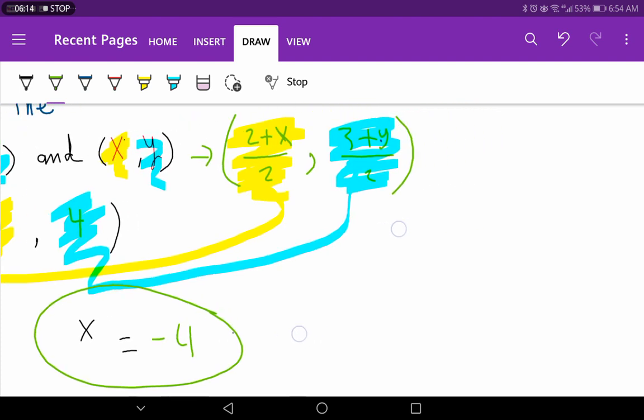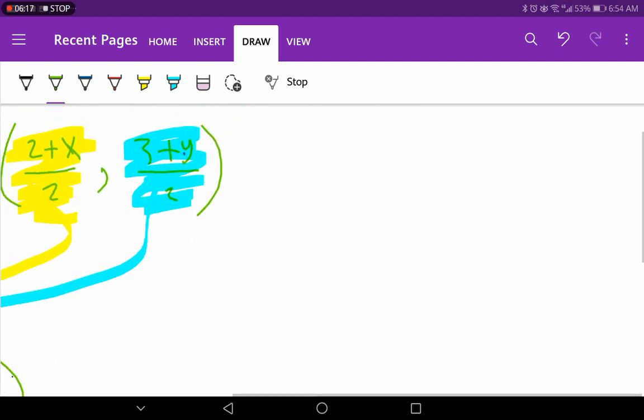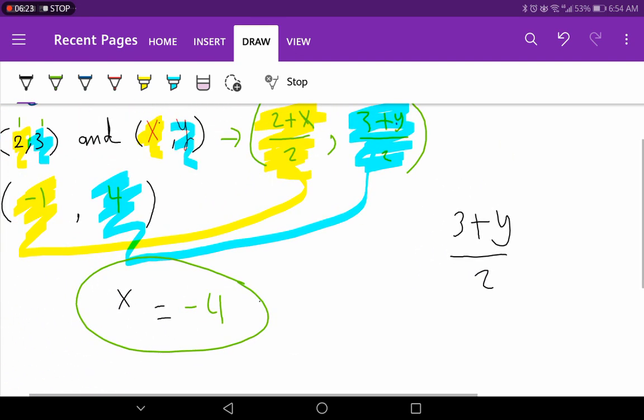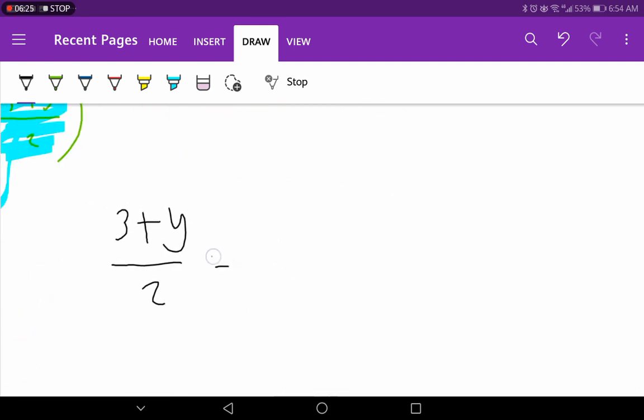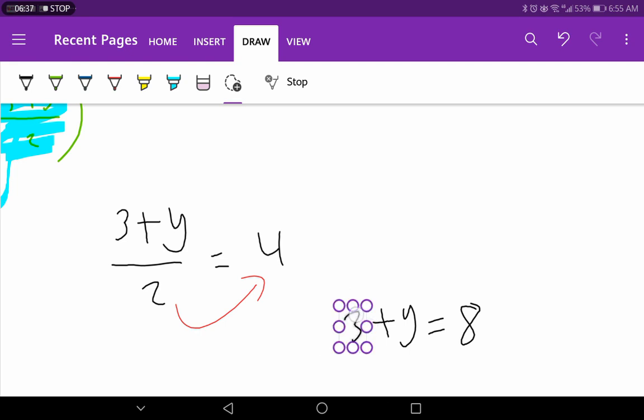The second part, I bring it from here. It is 3 plus y over 2, which must equal what? 4. Yes, great. And directly, as you know, we multiply this by this. So 3 plus y equals 8. Don't forget to make the y alone and happy.